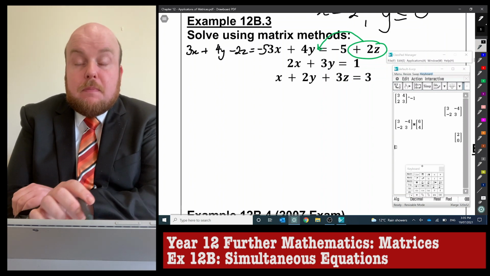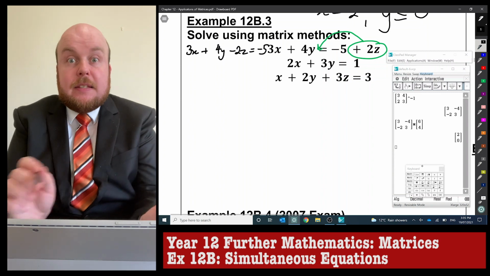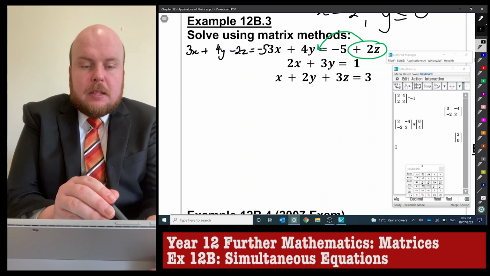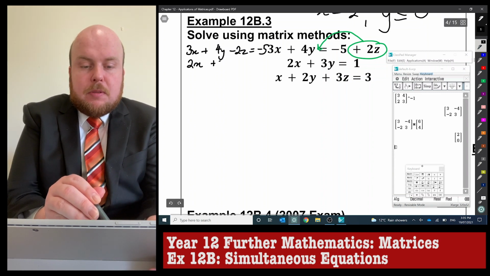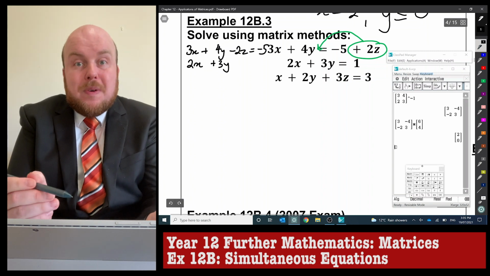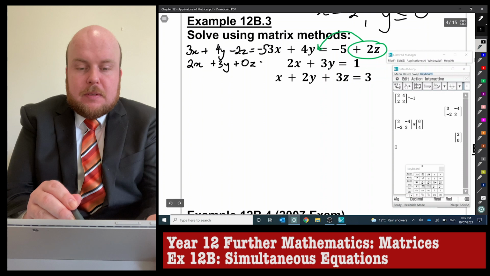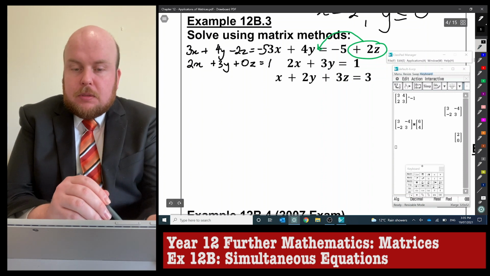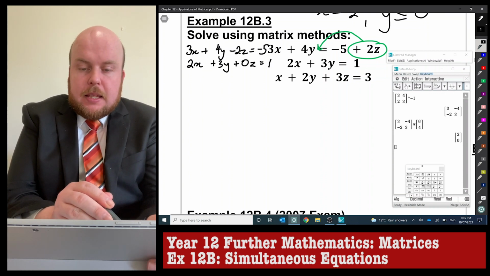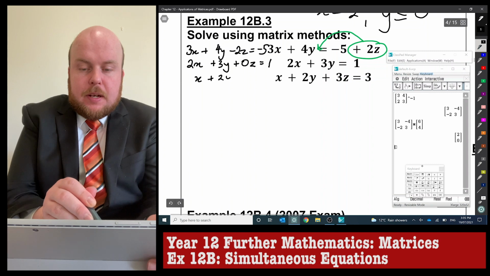So all we've done is minus that, so that letter's now on the left. Now the one at the bottom is 2x plus 3y, but there's no z's. So what we're going to do is write plus 0z is equal to 1. And the last one is perfectly fine.